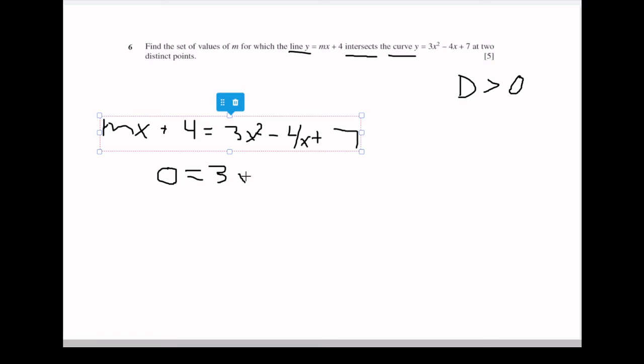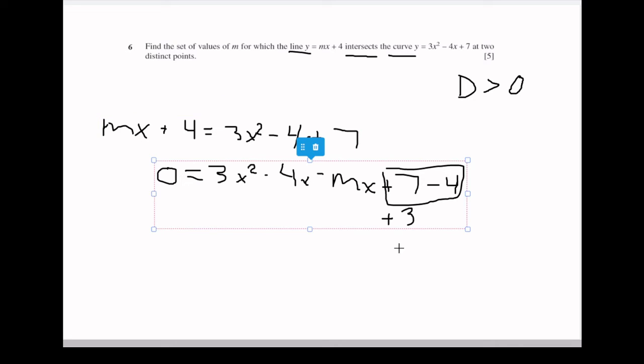So 3x squared minus 4x minus mx plus 7 minus 4, which we can simplify this final part into plus 3. I just really don't feel like rewriting the whole equation just for that one part.